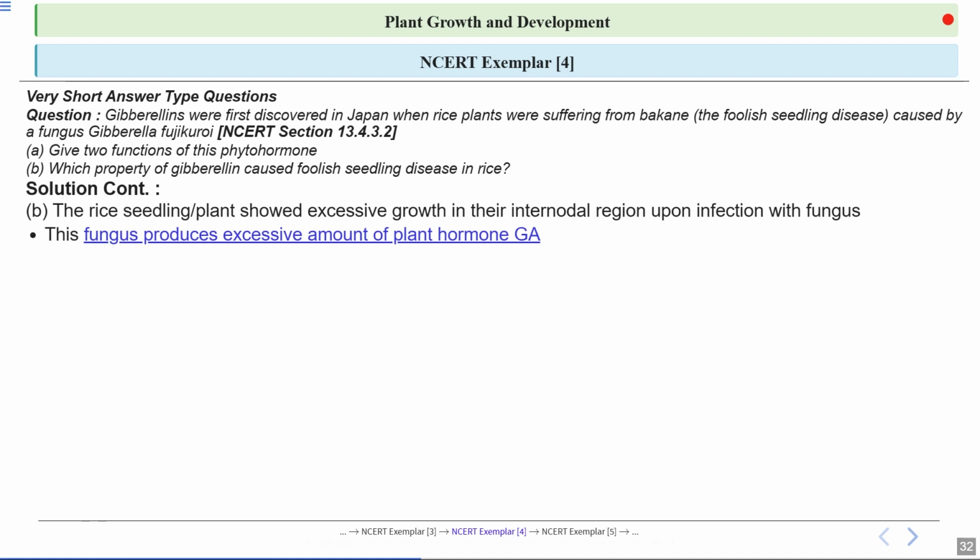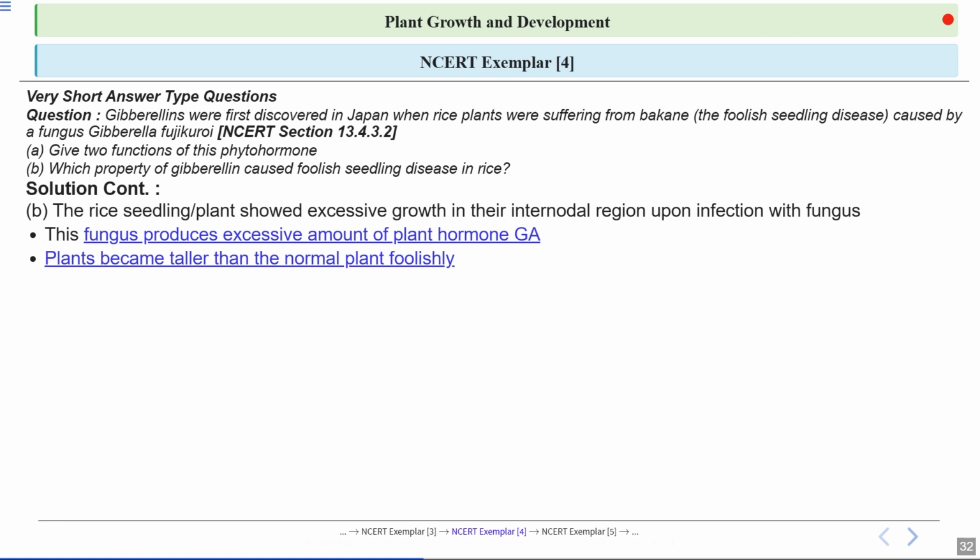This fungus produces an excessive amount of growth because it produces the plant hormone gibberellic acid. So the plants became taller than the normal plant. That is why it is called the foolish seedling disease, right?